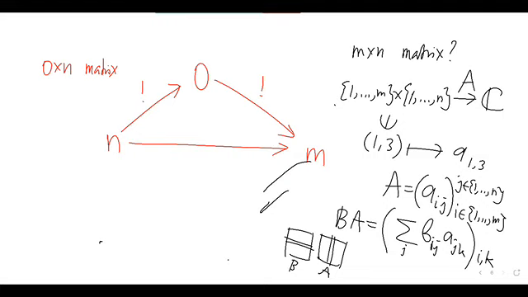Now, the case where we have A being a 0 by n matrix, and B being an m by 0 matrix.